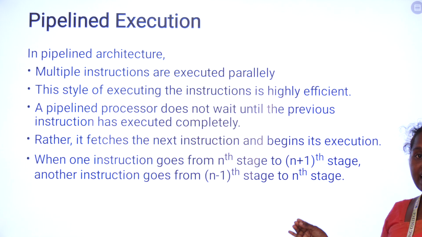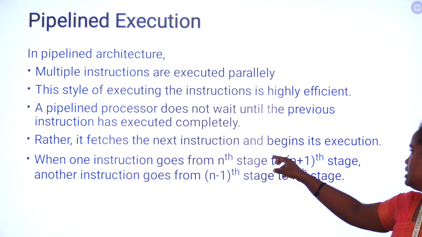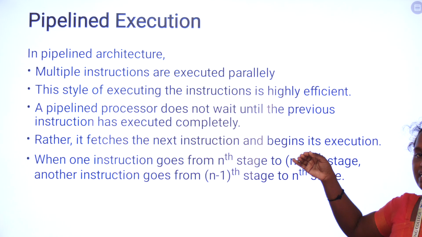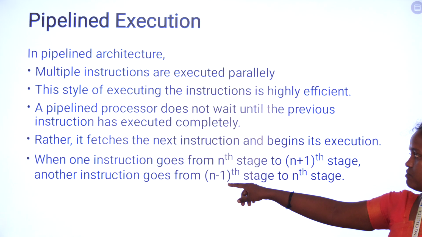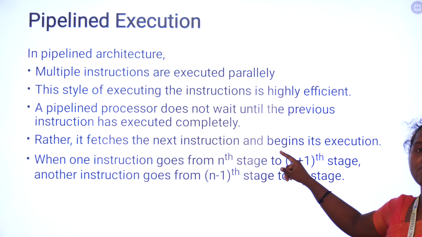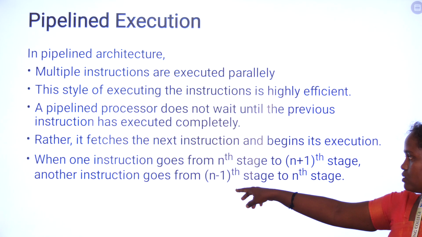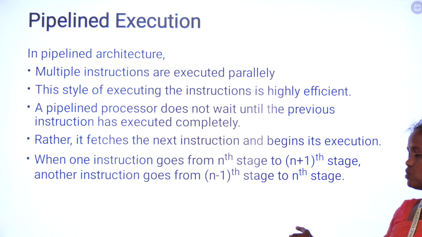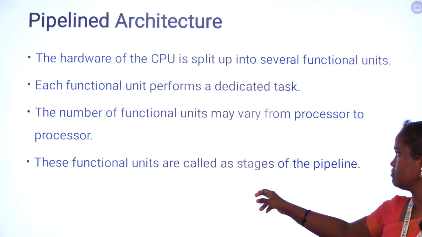Rather, it fetches the next instruction and begins its execution. So multiple instructions are executed in parallel, which means when one instruction goes from the nth stage to the n+1th stage, another instruction goes from the n-1th stage to the nth stage.